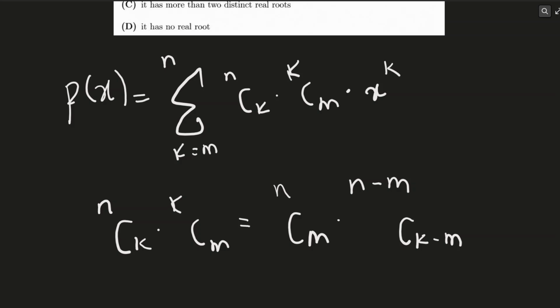You first pick out k people from the n people, and out of those k people you select further m people and you multiply. Now what the RHS means is that we pick the m subcommittee members directly from the whole group of n people and then choose the remaining k minus m general committee members from the remaining n minus m available people.